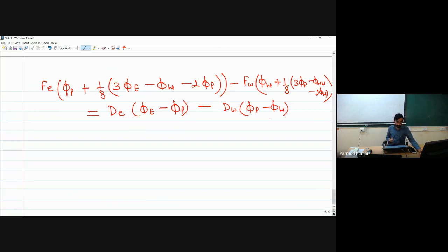Now, can you tell me what I will be doing? I have to write this equation in the form of AP into phi P equal to AE into phi E plus AW into phi W plus some source term S bar. So let me segregate different terms over here by only considering this first part.